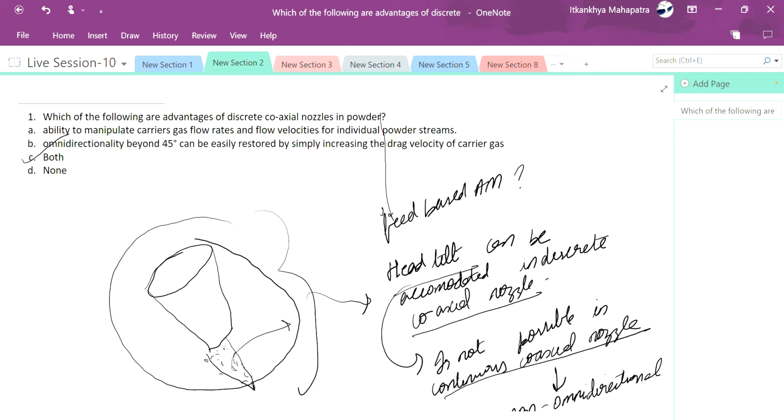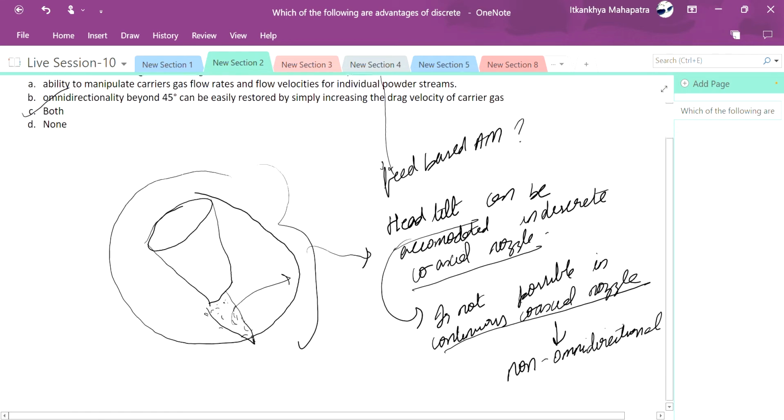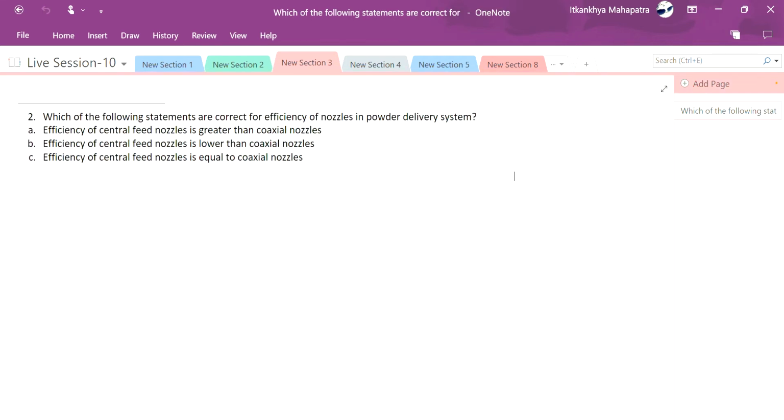Moving on to the next question. Which of the following statements are correct for efficiency of nozzles in powder delivery system? Okay, so in the coaxial nozzles, the efficiency can be as low as 30%.